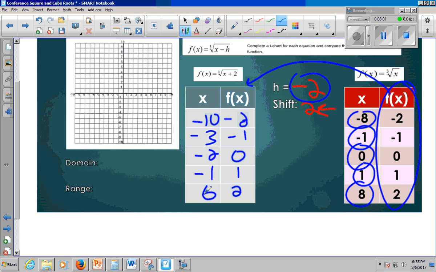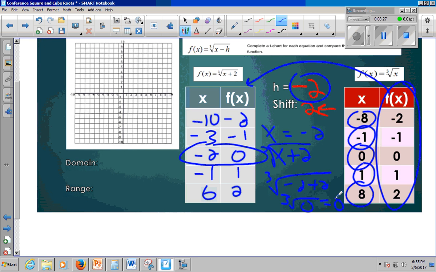So my claim is, and let's just go ahead and pick one set of points just to double check. If I picked x to be -2, if I put x plus 2 under the cube root, I get the cube root of -2 plus 2, which is the cube root of 0, which is 0. So again, I get my point, -2, 0. So we are correct.